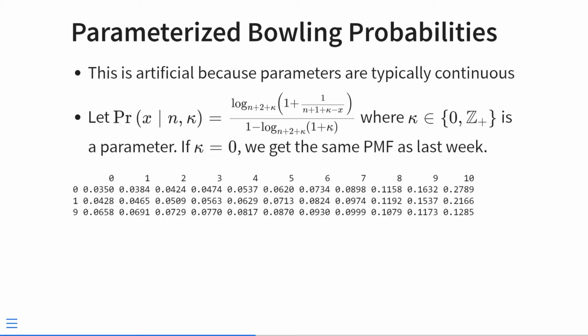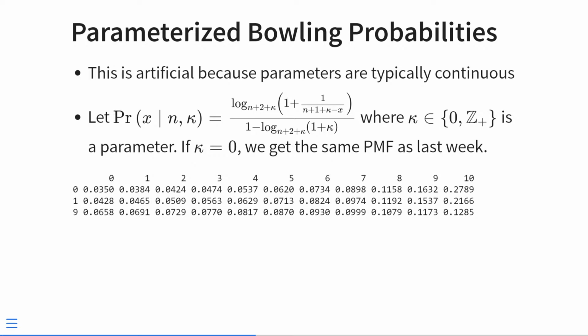And so we can think of kappa as an inability parameter that each bowler has that governs their probabilities. But for any non-negative integer value of kappa, these probabilities are non-negative.